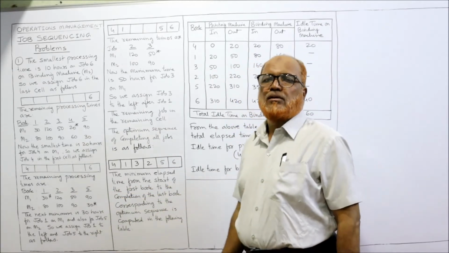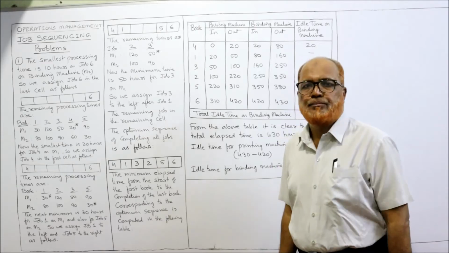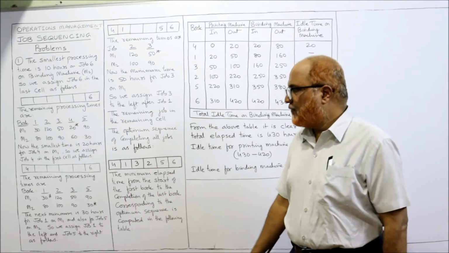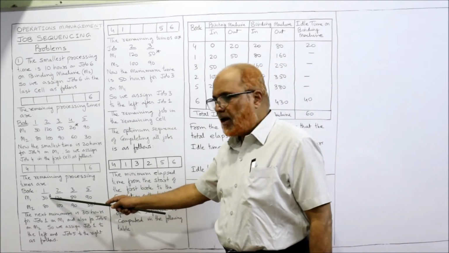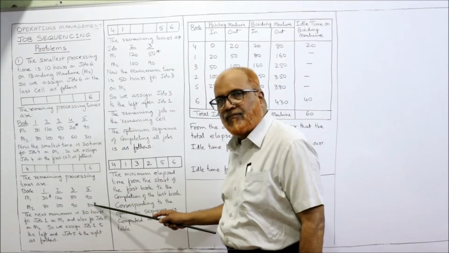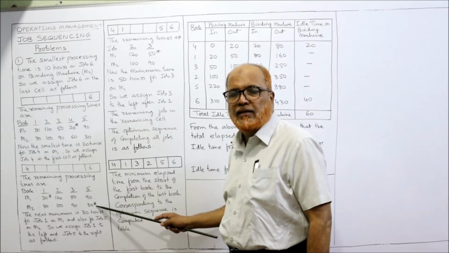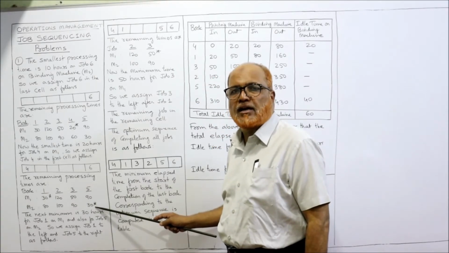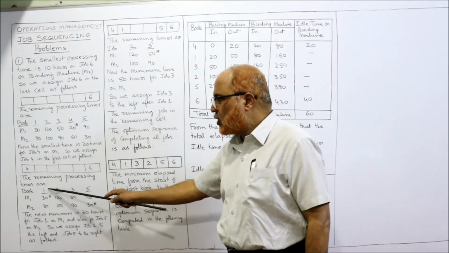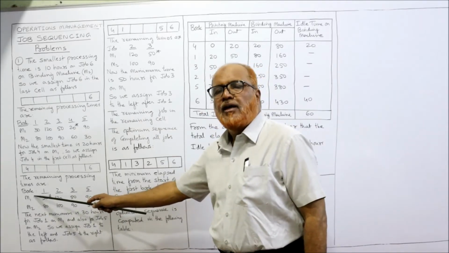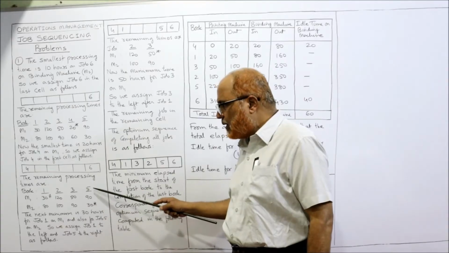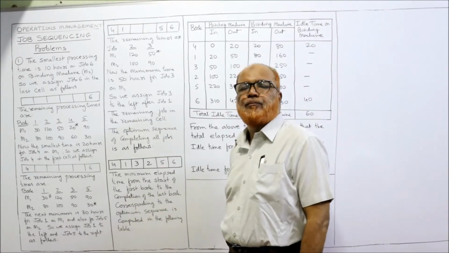Now if you see, the smallest processing time is 30 hours for job number 1 and also for job number 5. 30, there is a tie. 30 is occurring 2 times. 30 is for job number 1 on M1 and secondly 30 is for job number 5 on M2.